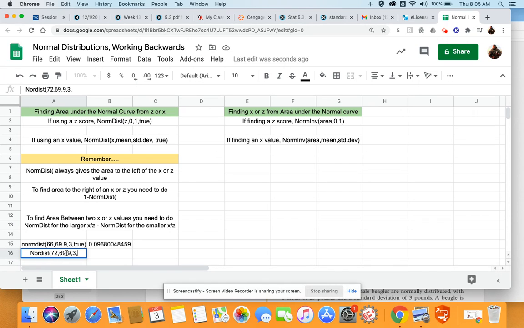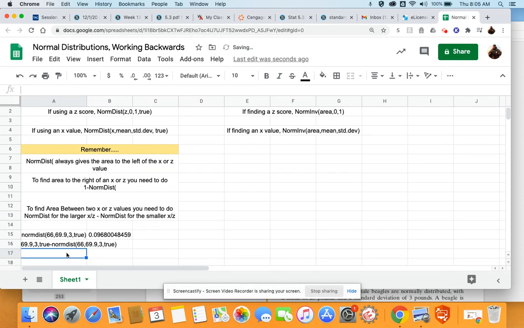Standard deviation is 3, and the word true. And we're going to then subtract from that another normal distribution. We'll put in the original 66 as our x value, 69.9, 3, and the word true. And those are the inputs we would need.